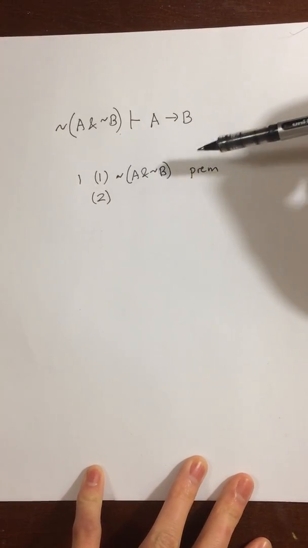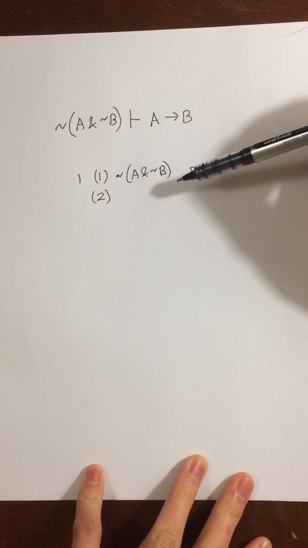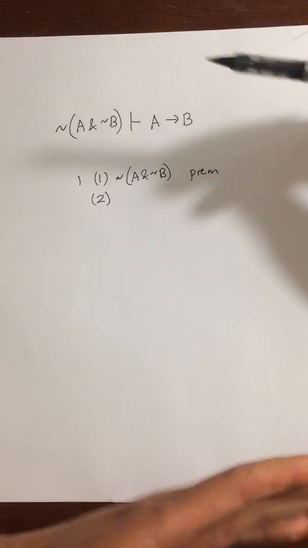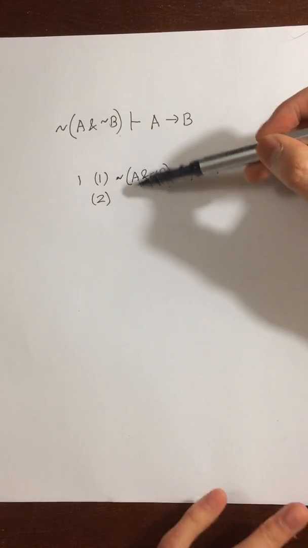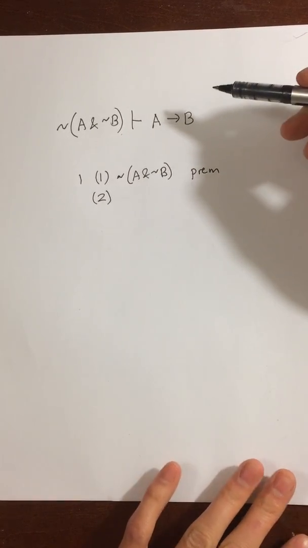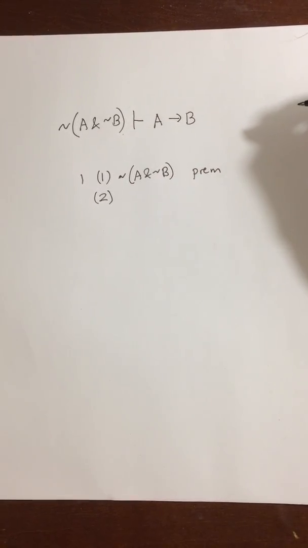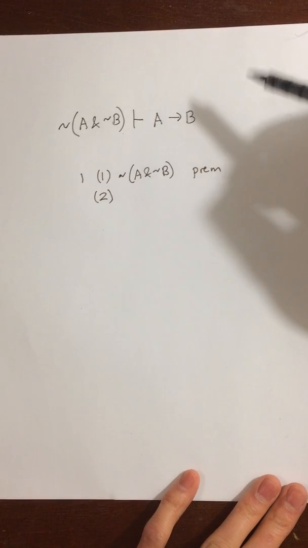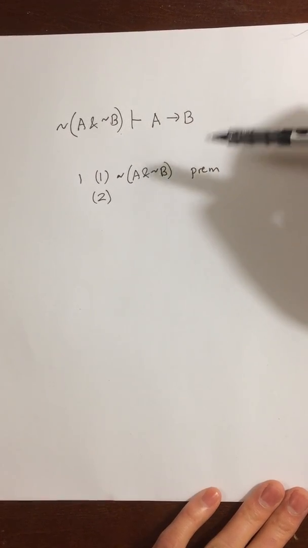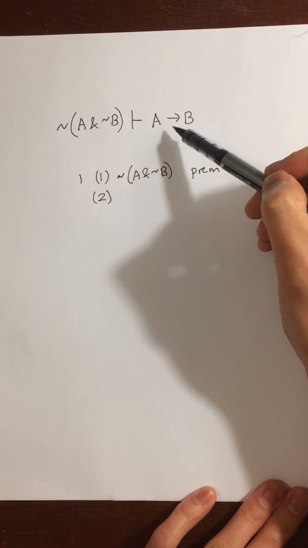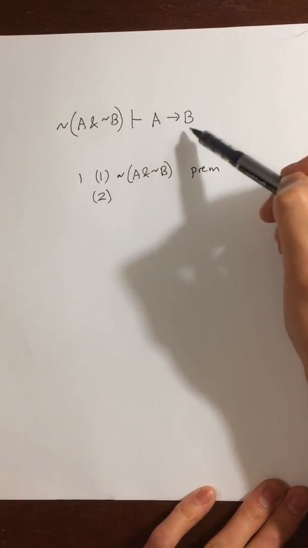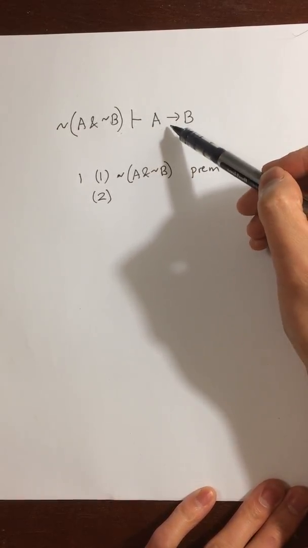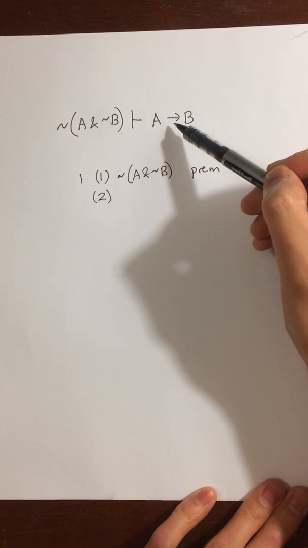here's a negation. It's really hard to work with negations because the negation rules don't actually let you derive anything from negations, although they let you make a contradiction. So to see where we have to go, we look to the conclusion. Here it's A arrow B. To make an arrow, we need to use arrow introduction.